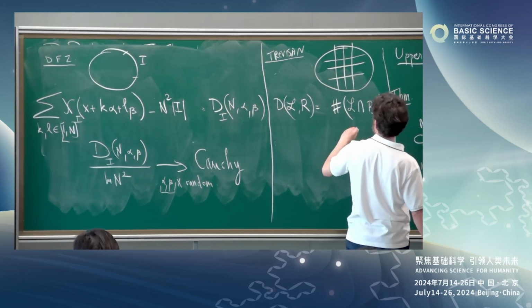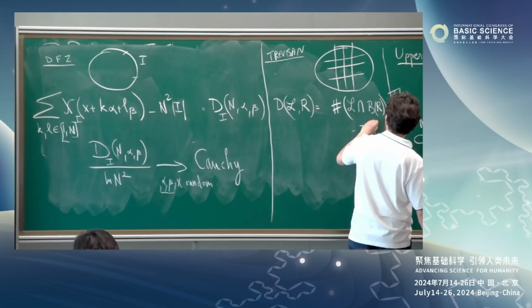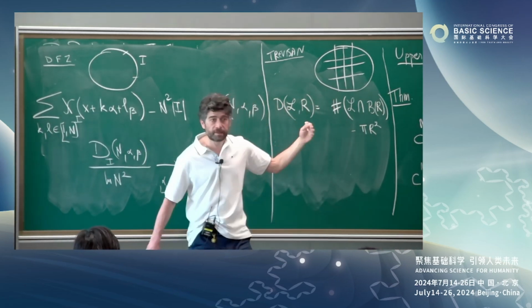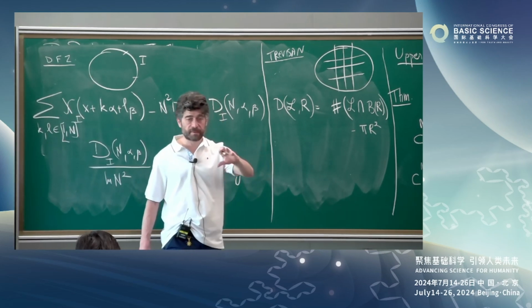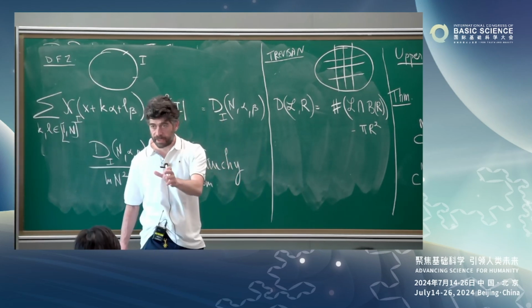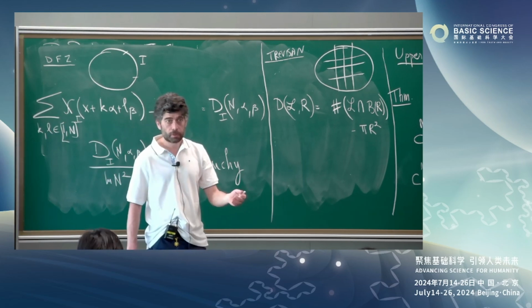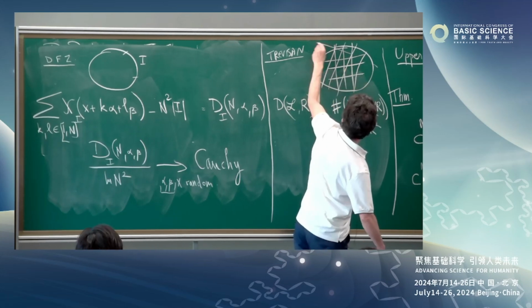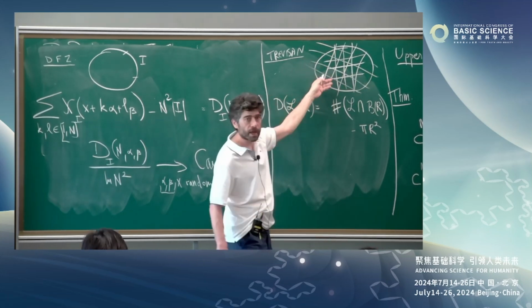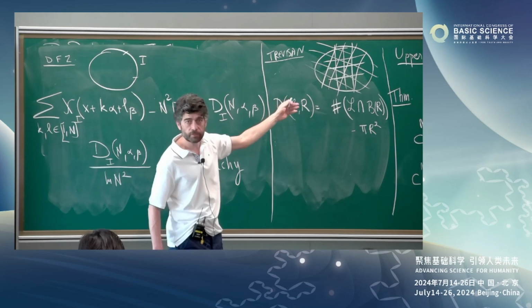minus pi r squared. What's L? L is a lattice, not necessarily Z². So you take a matrix in SL2(R), you multiply Z², and you take a look. Instead of having this, you have this. And you count, for every lattice L, you can count.